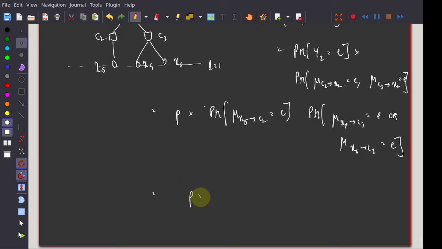So this is P times, so this message is an erasure if Y5 is an erasure. And what is the probability of that happening? It is P times the probability that this message is an erasure, and that happens only if Y4 is an erasure or Y6 is an erasure. What is the probability of that happening? It is basically 1 minus the probability that both are unerased.